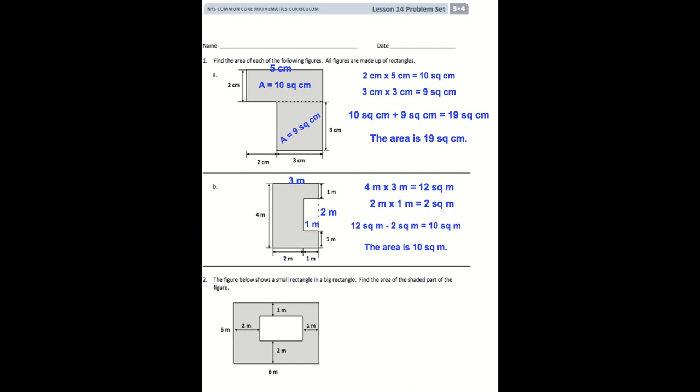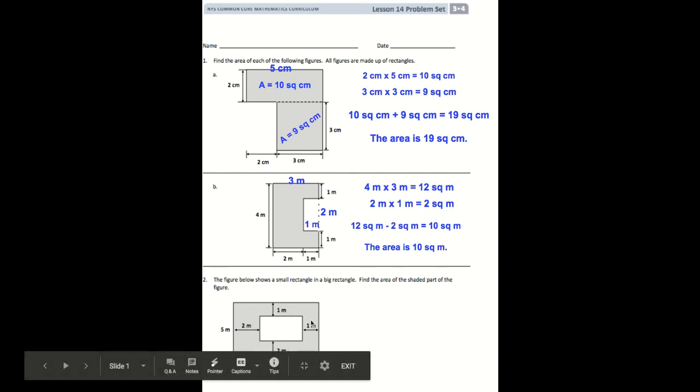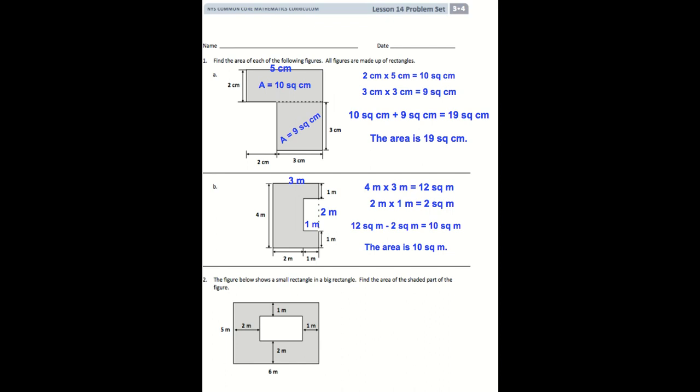So on number 2, it says the figure below shows a small rectangle and a big rectangle. So here's your small one, there's your big one. Find the area of the shaded part of the figure. So we're not finding the white rectangle in there, we're trying to find the area around that.